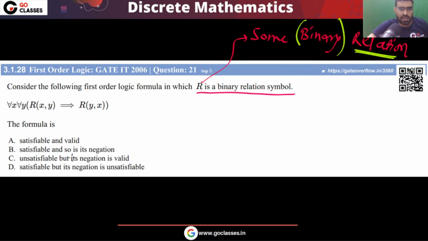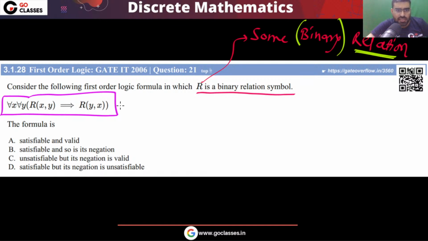R is a relation. Now, do you remember what this is the definition of? For every x, for every y, if x is related to y, then y is related to x.